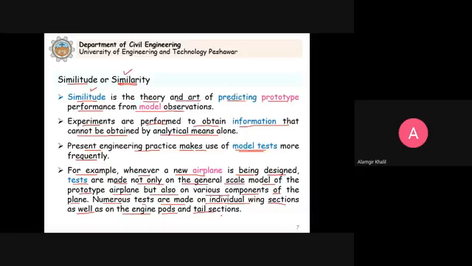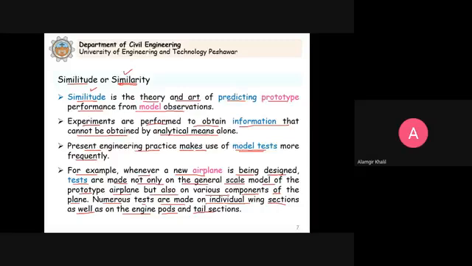So it is less expensive when we conduct the tests on the scale models, and it also helps improve the design parameters, because when we actually construct the full scale device, the prototype, the design will improve. Clear? We can improve our design from these model tests.